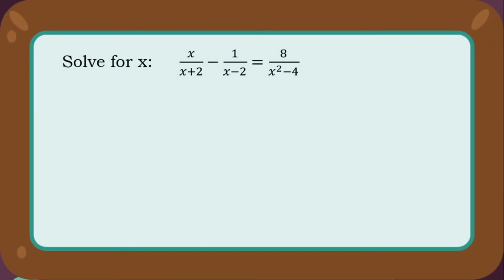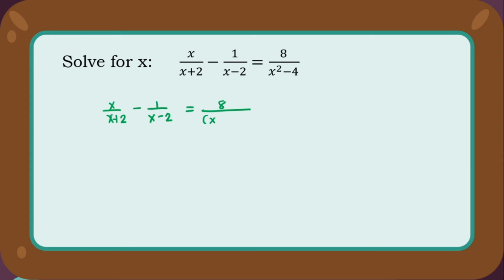Solve for x over x plus 2 minus 1 over x minus 2 is equal to 8 over x squared minus 4. To solve this equation, let us first factor out the equation. This will now become x over x plus 2 minus 1 over x minus 2 is equal to 8 over, what are the factors of x squared minus 4?